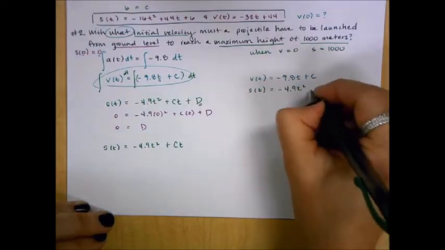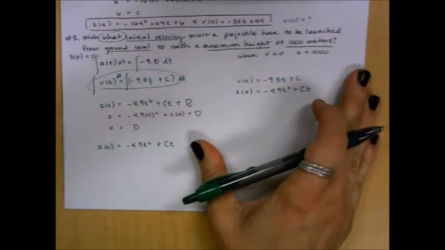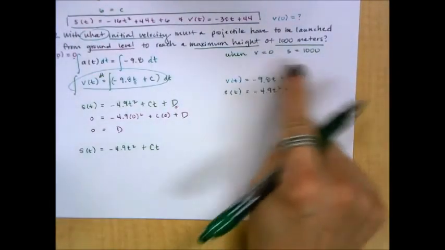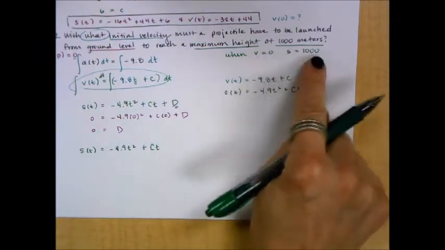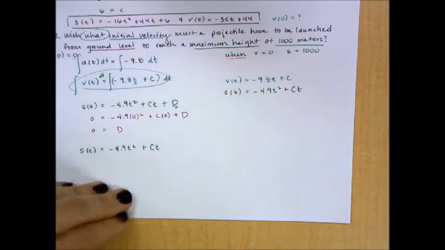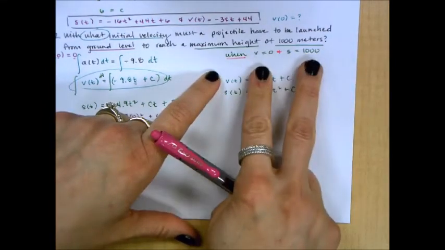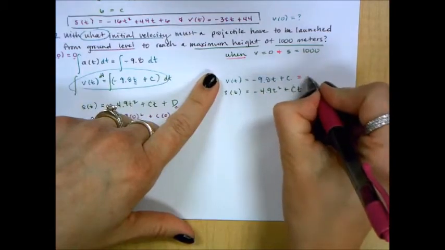What we're going to do is, at the same time, these two things here at the end are happening. When v equals 0, s equals 1,000. These things are happening at the same time. When v is equal to 0, s is equal to 1,000.